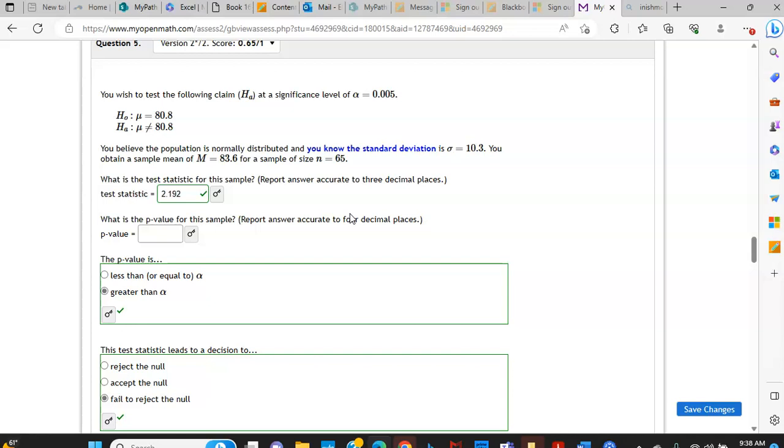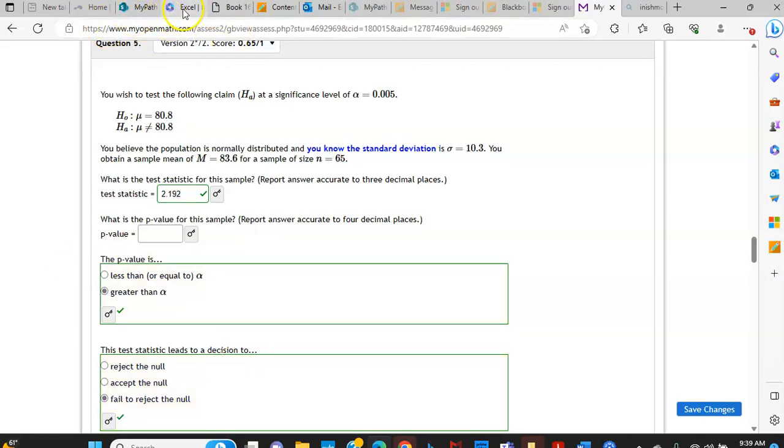All right. So you got 2.192. Let me write that down real quick so I don't lose it between screens. Find a pencil. 2.192.